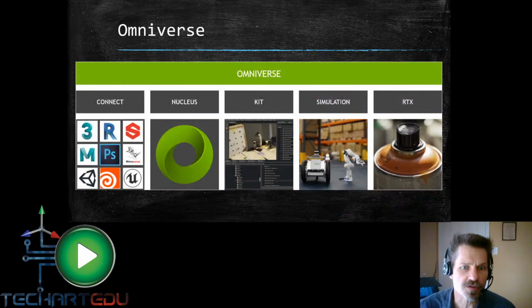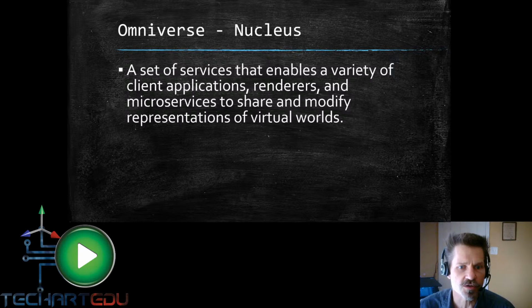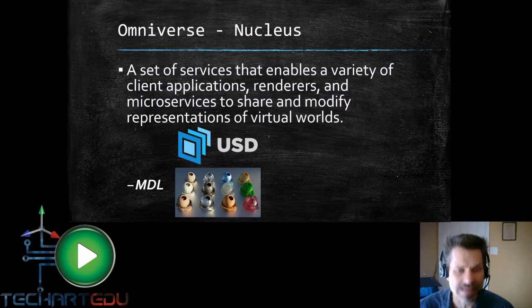Now, Omniverse is broken up into 5 sections in itself. And at the core of it all is the Nucleus, which is a great big storage in the cloud that stores all of the USD data. And it uses USD as the description language, and it is also developing something called the MDL, which is Material Description Language.